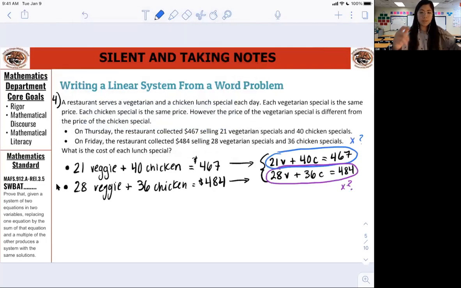Or divide. Remember, you can also divide. Anyone?